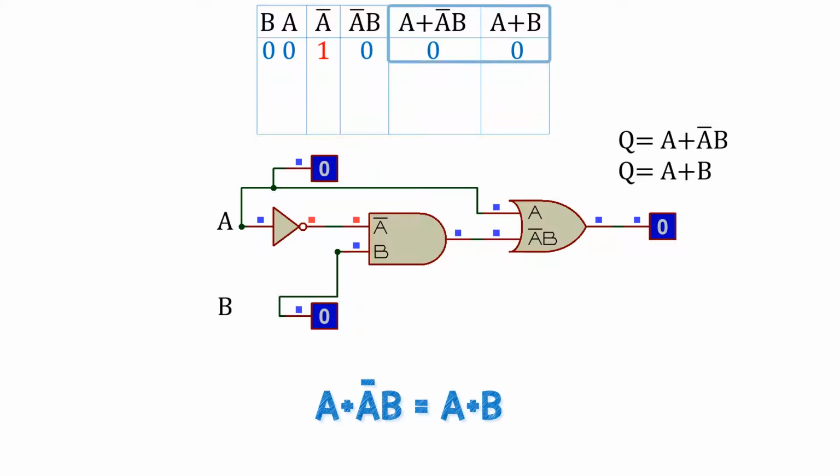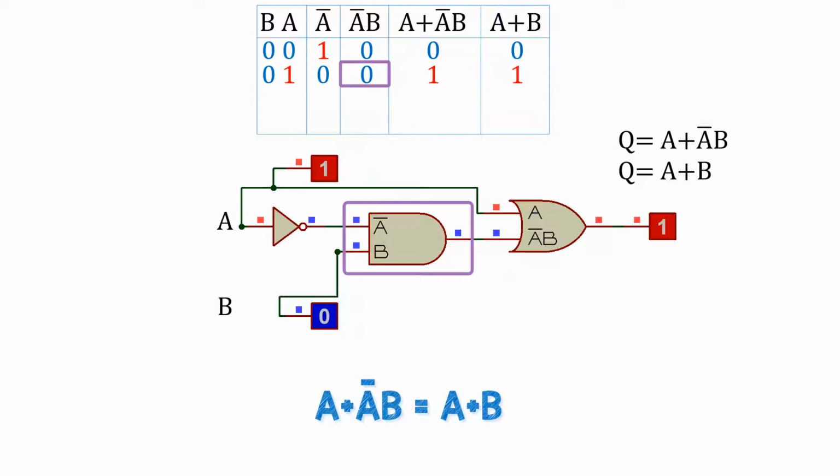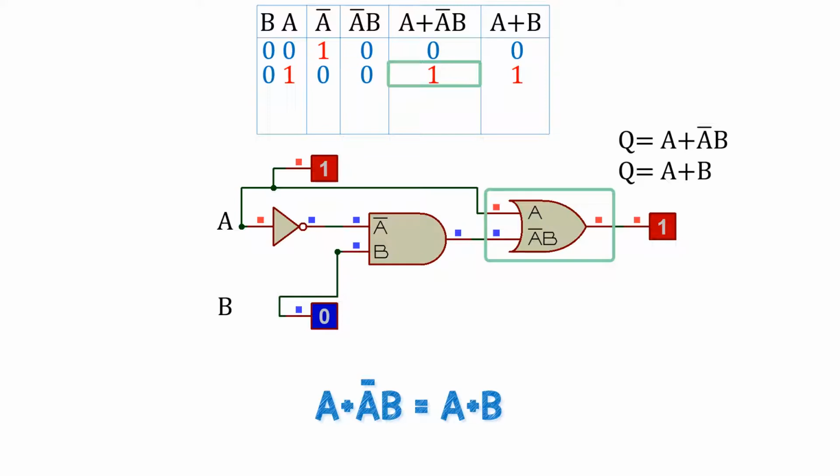So far A or not A B is the same as A or B, but we need to prove it for every case. So when the inputs are 0 and 1, A is high, so the output goes high through the OR gate, but not A and B is low, but that doesn't matter because A or not A and B is high. And that follows what a 2-input OR gate would do.